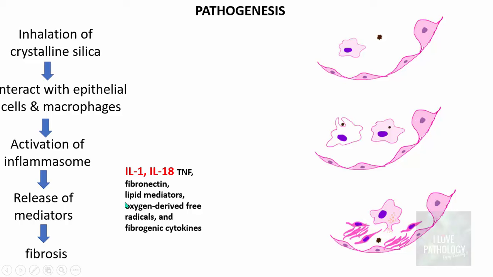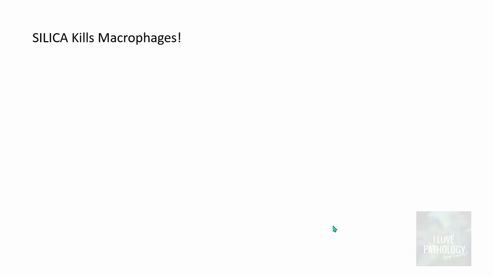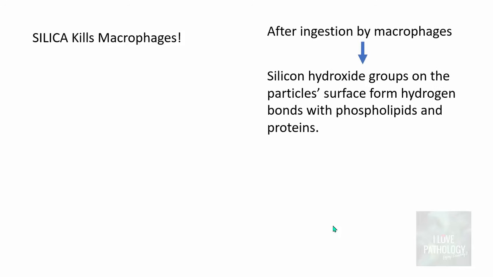As I told you, the oxygen-derived free radicals which are released can directly damage the alveolar epithelial cells and cause parenchymal damage. Another important thing is that silica kills macrophages. How? After ingestion by the macrophages, the silicon hydroxide groups on the particle's surface form hydrogen bonds with phospholipids and proteins, and that damages the cellular membrane of the macrophage.